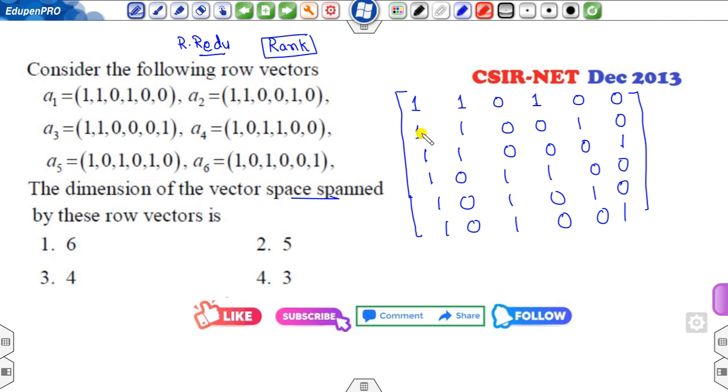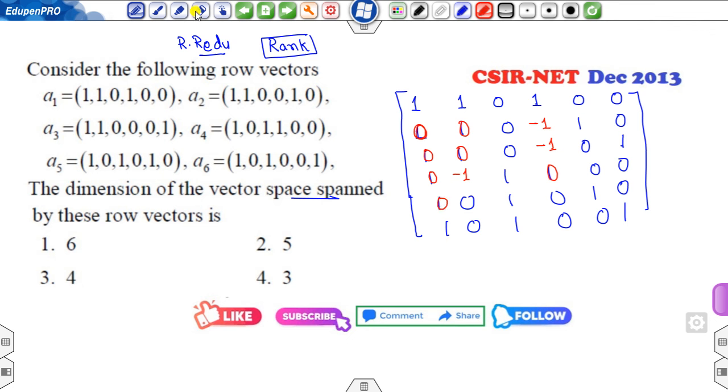Now clearly if I subtract them, 0 0, this number will be minus 1. Similarly, I can subtract this minus this, 0 0 0, this number will be minus 1, the rest of the elements are the same. Again this number is 0, this number will be minus 1, this is 0 0 and so on.